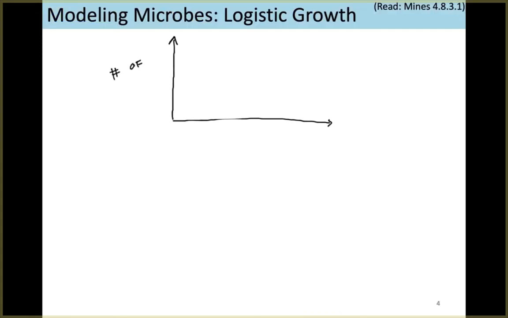So in thinking about microbes, we're going to take an approach that looks like what's called logistic growth. So first I want to contrast this to something that we're more comfortable with, having dealt with earlier in the semester.